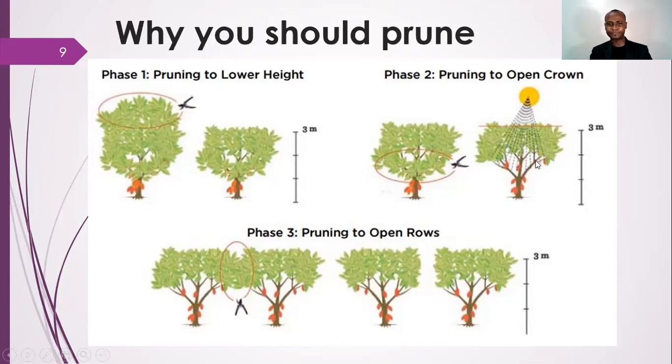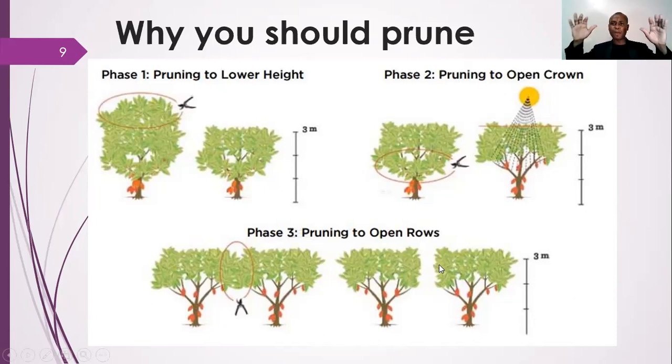And over here, you see there are overlapping branches. You remove the overlapping branches, and then you have something like this.